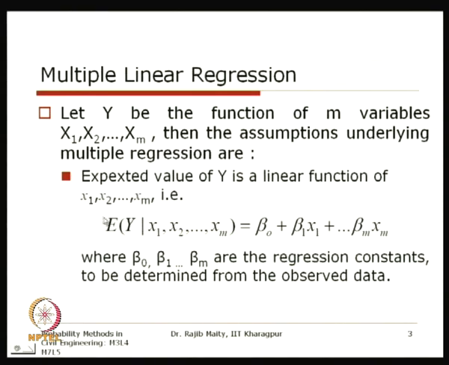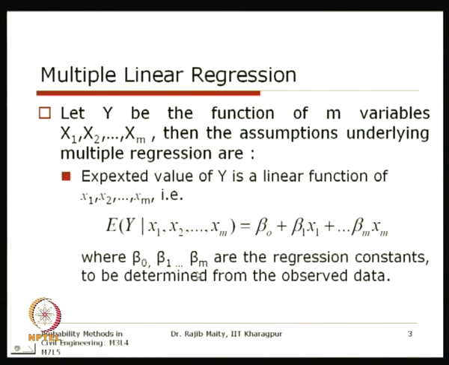Now, suppose that n data points are available; then we have n values of x1, n values of x2, n values of xm. Through those n points, we have to fit one plane surface.